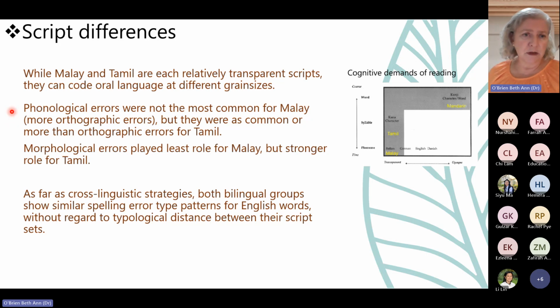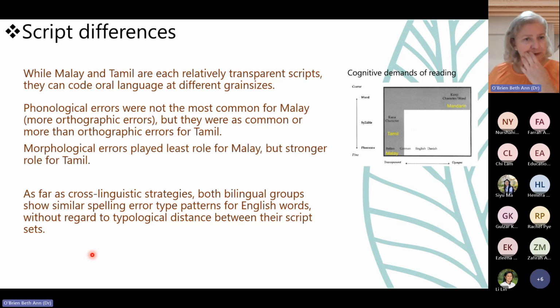Phonological errors, however, were not the most common for Malay, which is what we originally predicted based on our previous study. Instead, they made more orthographic errors. But phonological errors were just as common as orthographic errors for spelling in Tamil. Also, morphological errors played the least important role for Malay and played a stronger role for Tamil in this case.